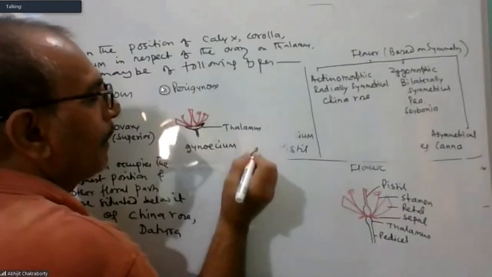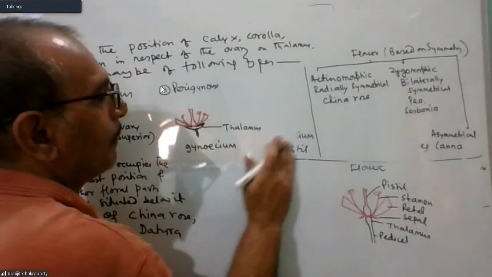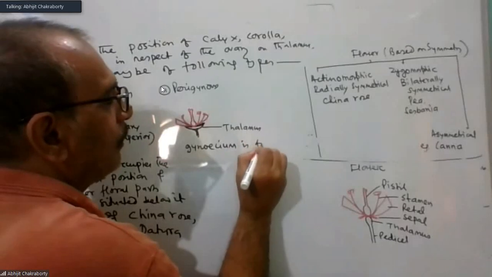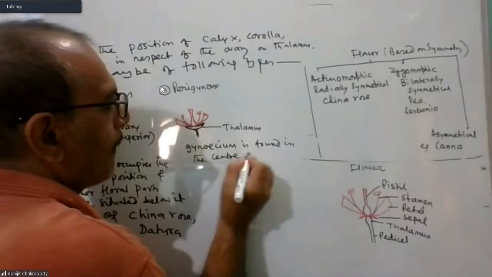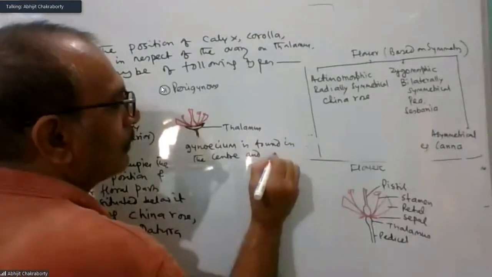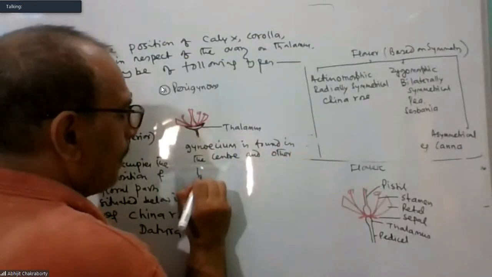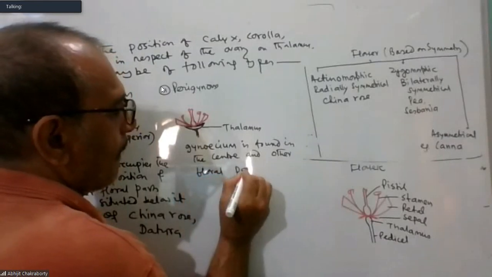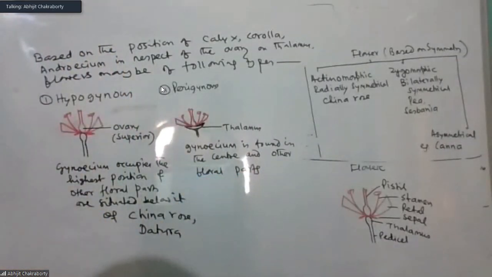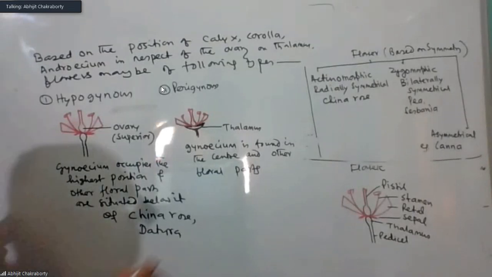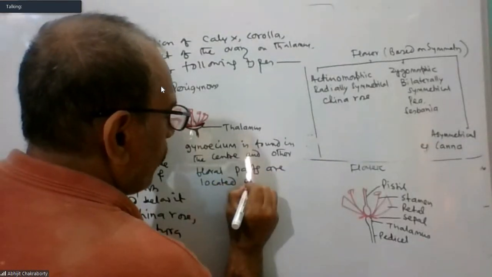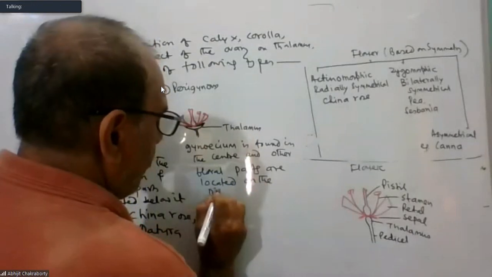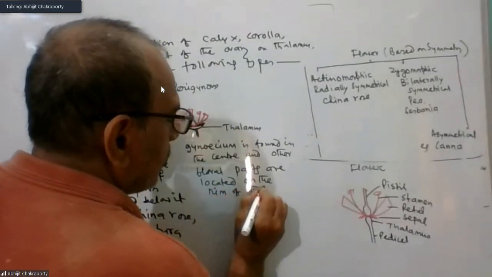Gynoecium is found in the center, and other floral parts are located on the rim of the thalamus.